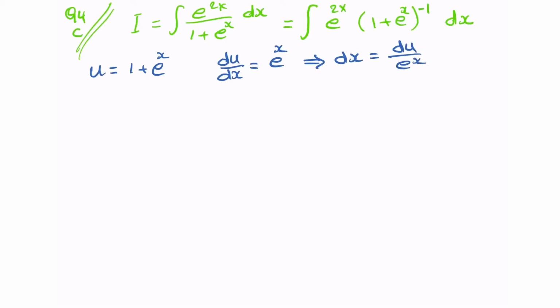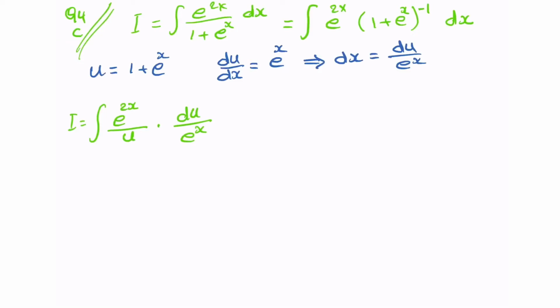Okay, now I'll substitute these values in the integration. So I equals the integration of e to the power 2x divided by u, and now dx is du over e to the power x.